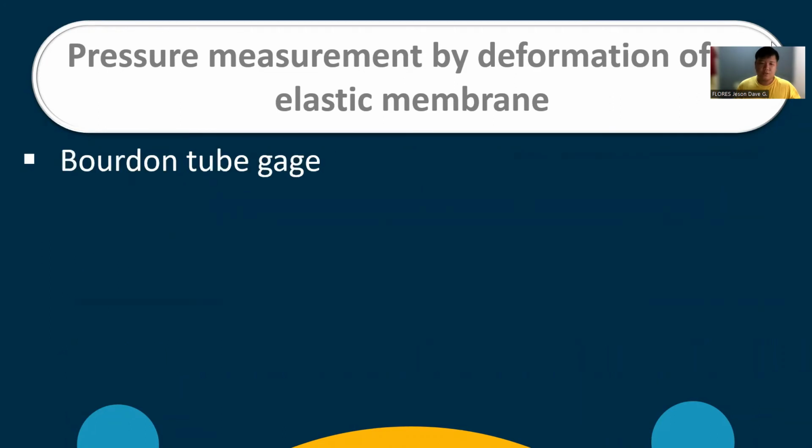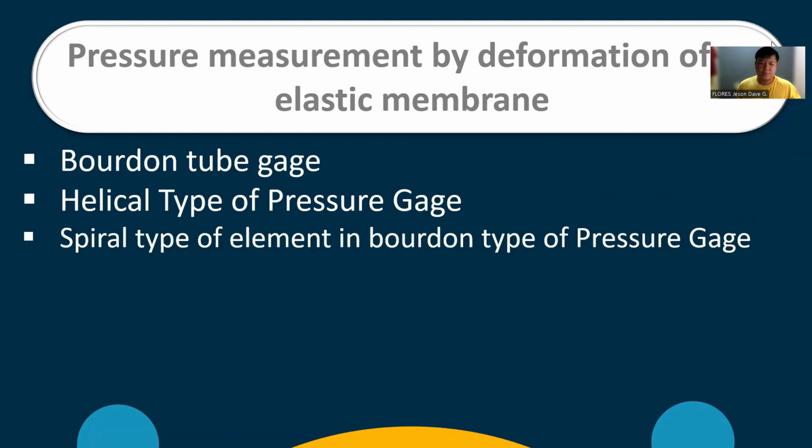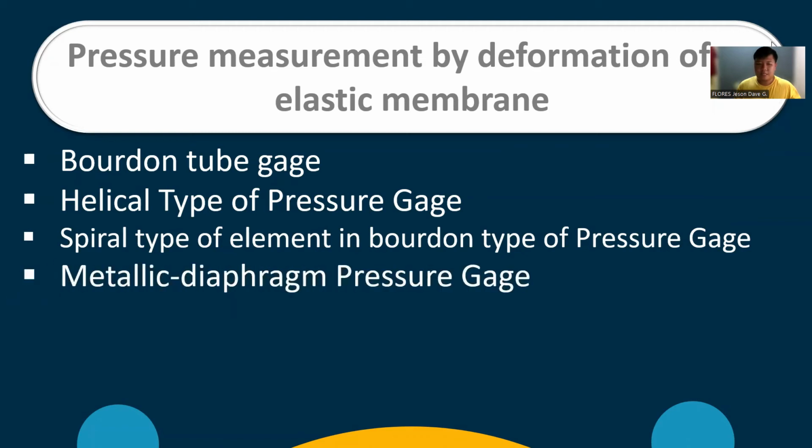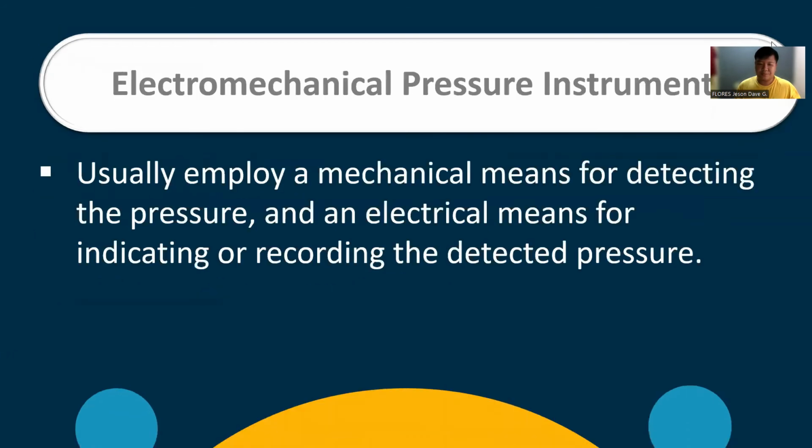Examples of them are Bourdon tube gauge, helical type of pressure gauge, spiral type of element in Bourdon type of pressure gauge, metallic diaphragm pressure gauge, sector gear arrangement, cam and roller arrangement.